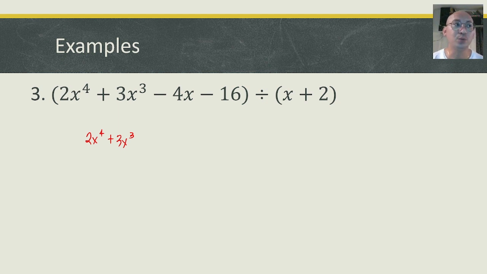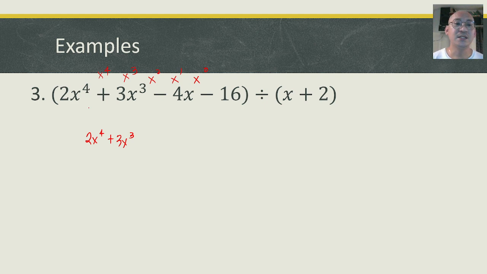If we are to write the polynomial from the highest degree or descending power, and if we are to divide polynomials, take note that the terms of the polynomials should be complete terms. So if we have x to the fourth power, we should have x cubed, x squared, x to the first, and x to the zero power.